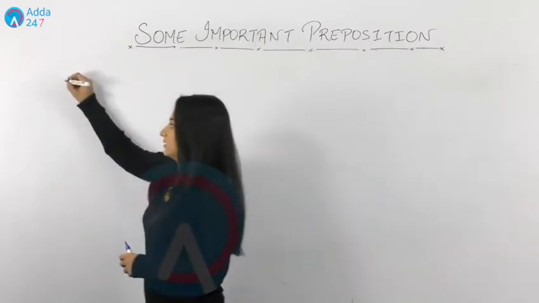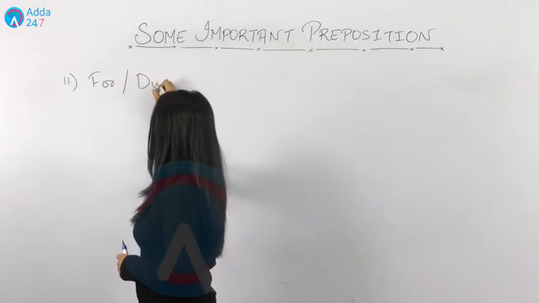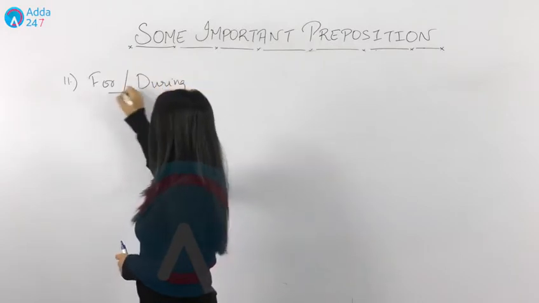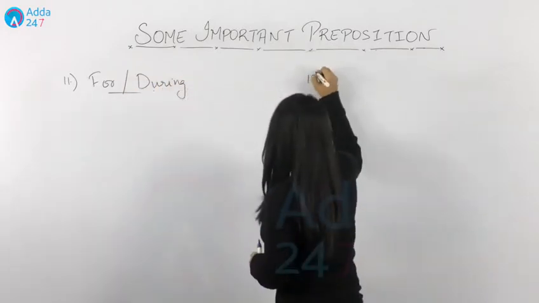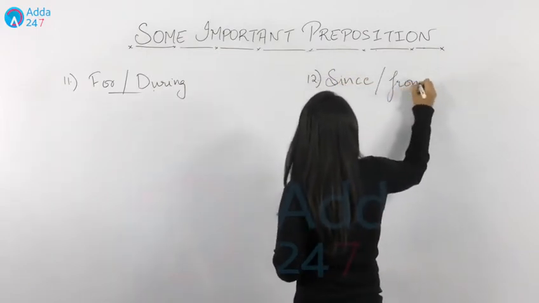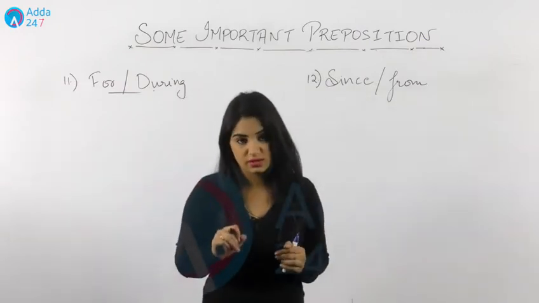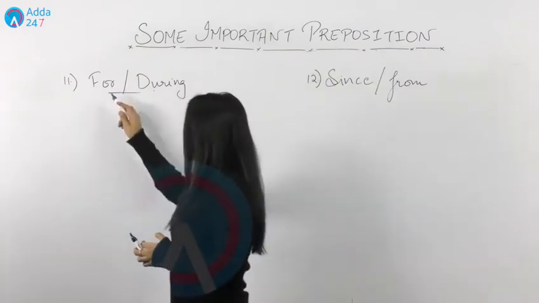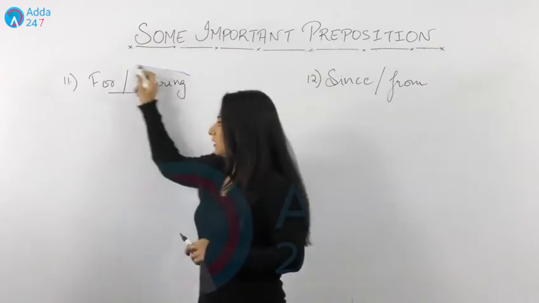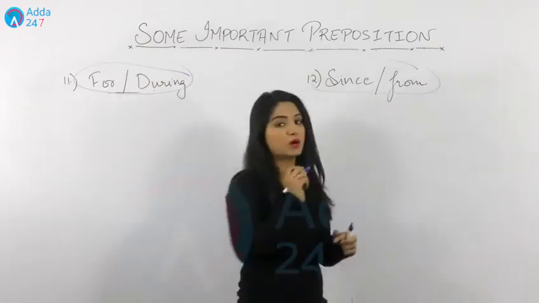Next is number 11, and it says what is the difference between for and during. Similarly, if I ask you what is the difference between since and from. Because all of these are dependent on time only, isn't it? So for and during are one subject, and since and from are one subject.